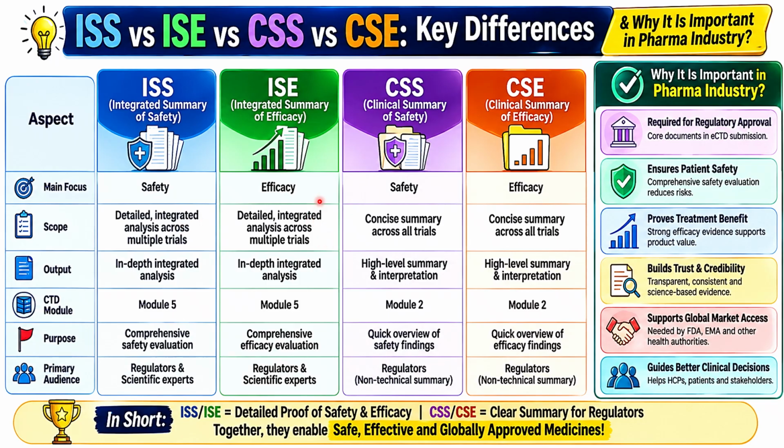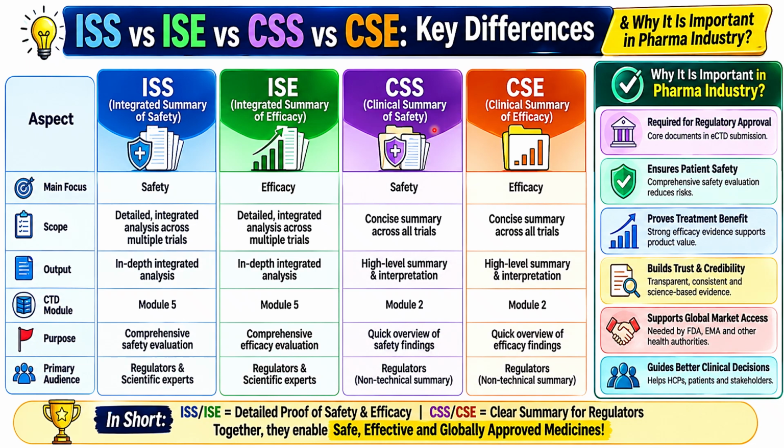So the same explanation which I gave for safety applies to efficacy also whenever you have efficacy domains. The output is in-depth integrated analysis. CTD module is 5. Purpose is comprehensive efficacy evaluation, and primary audience is regulators and scientific experts.